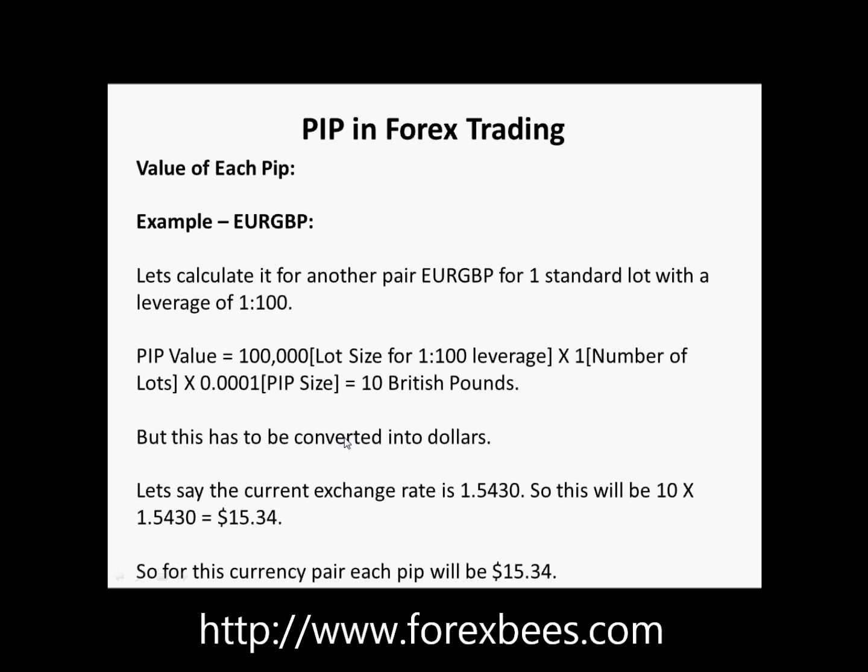But this has to be converted into dollars. Let's say the current exchange rate is 1.5430. So this will be 10 times 1.5430, which is $15.34. So for this currency pair, each pip will be $15.34.